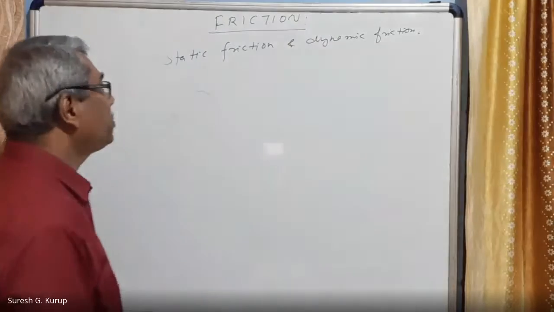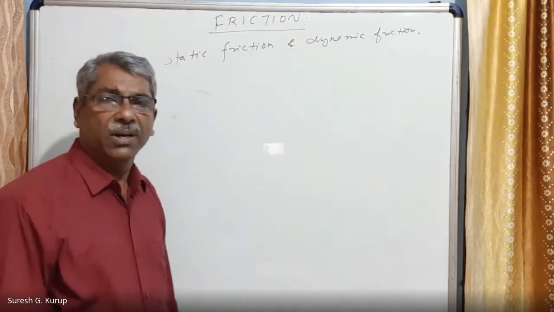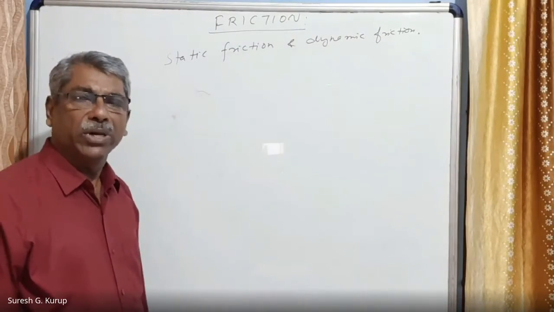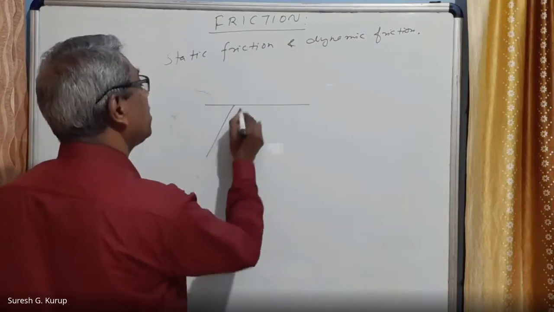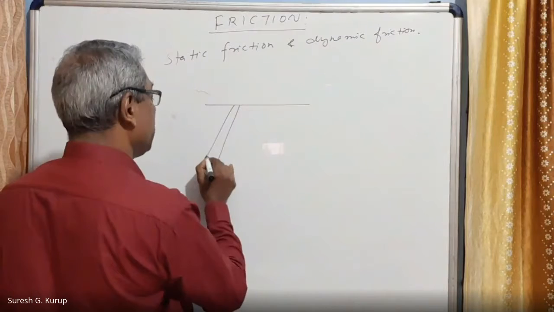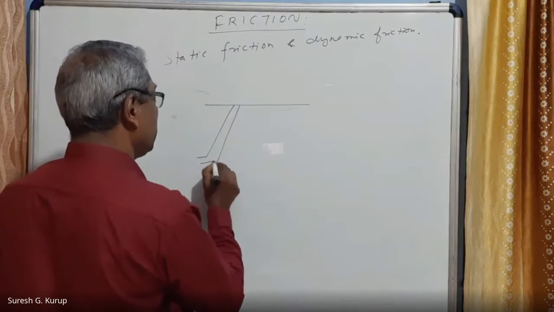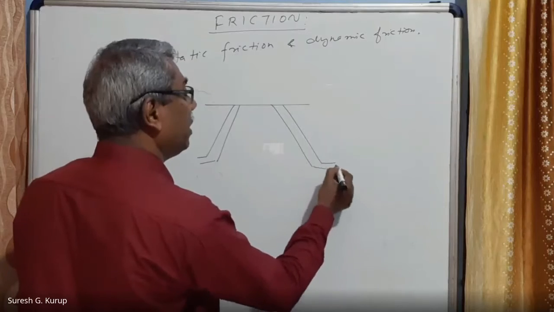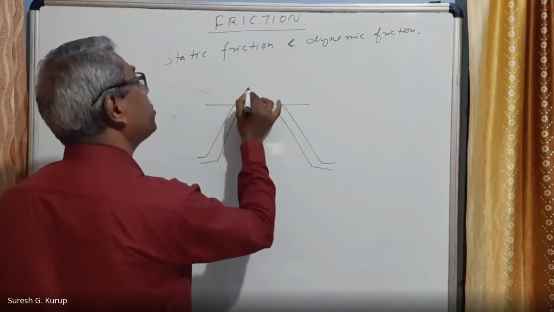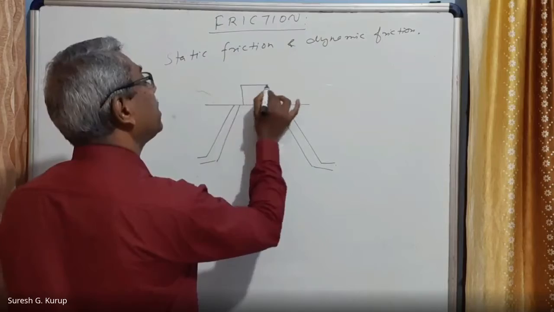So to talk about static friction and dynamic friction, we can consider a body kept on a table, right? So this is a table surface, and a body is kept on the table like this.